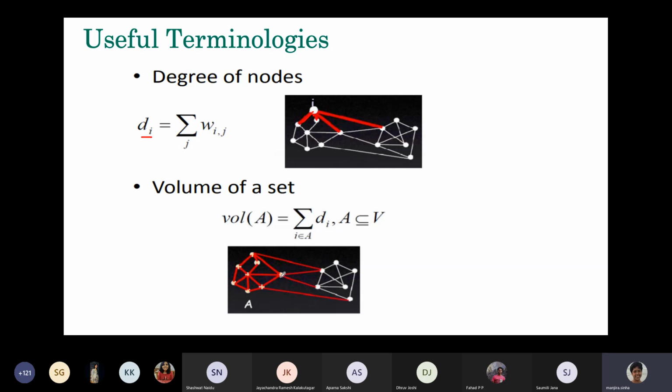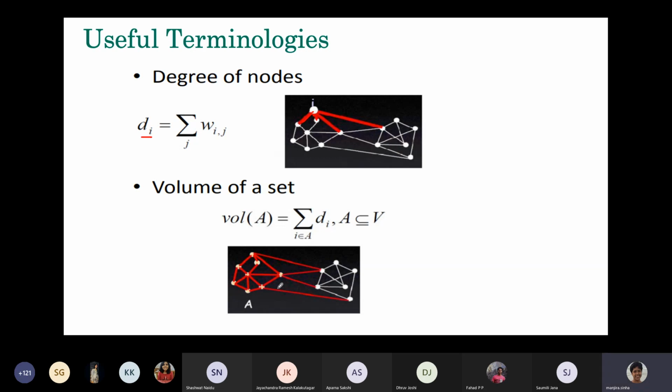If I take these yellow colored nodes from the set A, then up to these red ones we have the edges. The sum of all the weights, 2 times this internal weight, will be the volume of the set. So basically, for all the nodes present in the particular part, the sum of their degrees is the volume of the part.